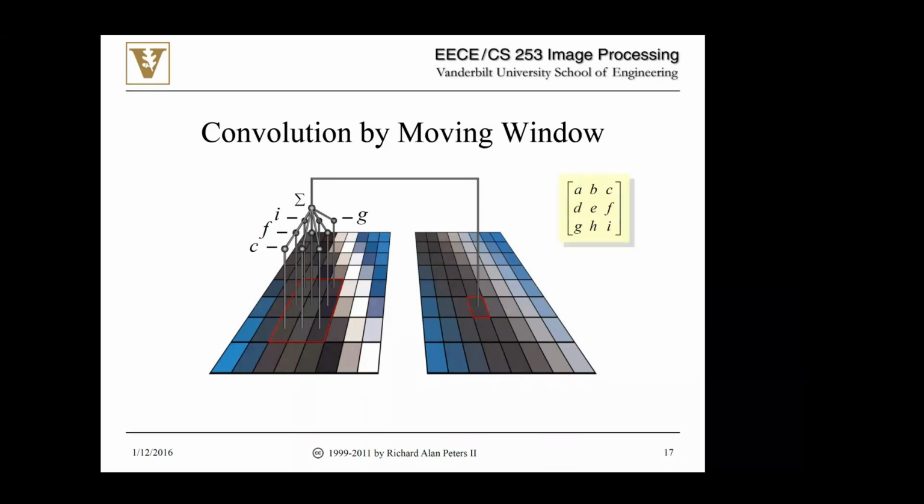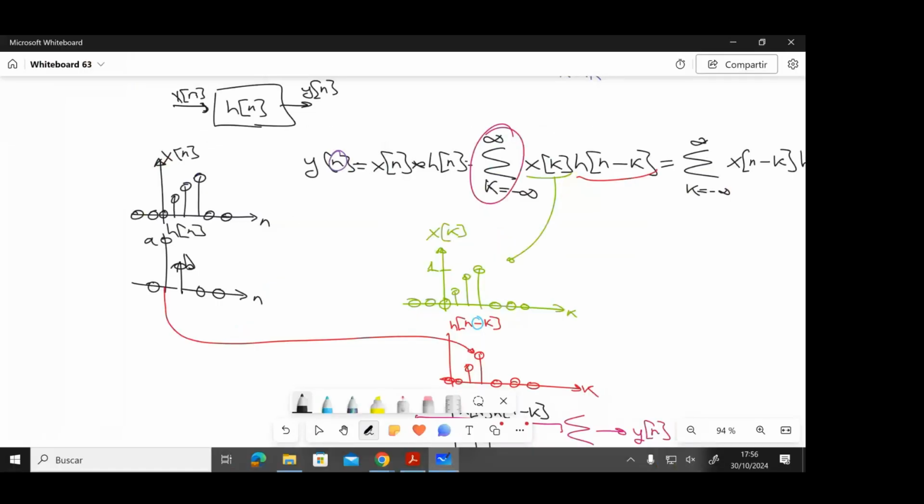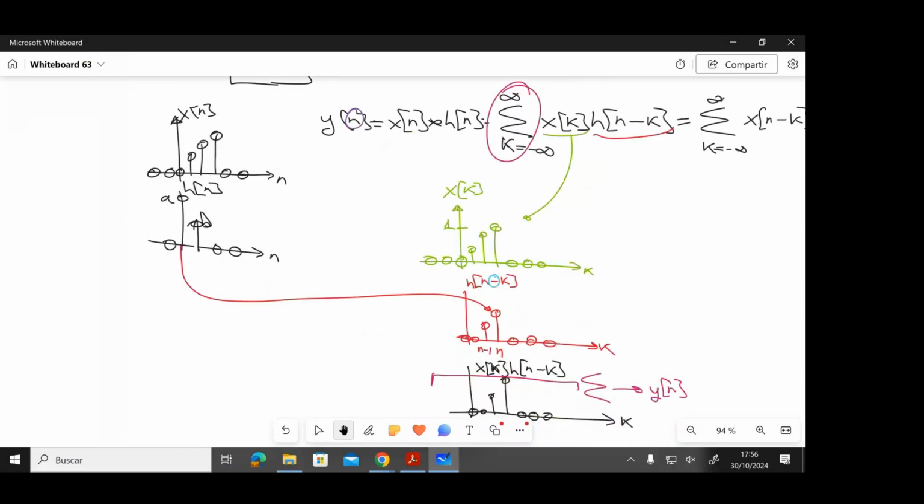This is exactly the same as we were doing in 1 dimension. So you have the image stays fixed, then the kernel is moving. You multiply the underlying signal by your kernel values, multiply, and then sum all those results. So it is exactly the same, but now in 2 dimensions. So take the fixed image, you multiply by the kernel values, you have to take care of the mirroring. And then you sum all of them, and that is the value for the output.